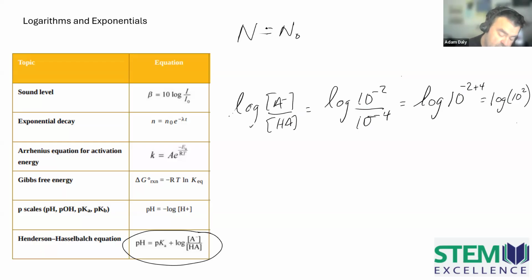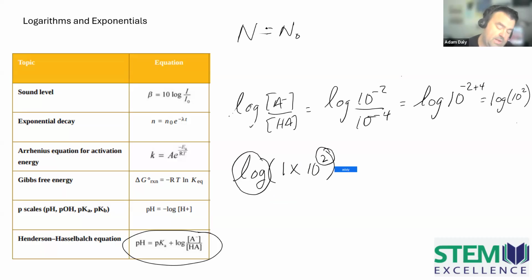And so it turns out that logarithms and scientific notation go very well together. So the log is always going to be your exponent value. So the log of 1 times 10 to the 2 is equal to 2.